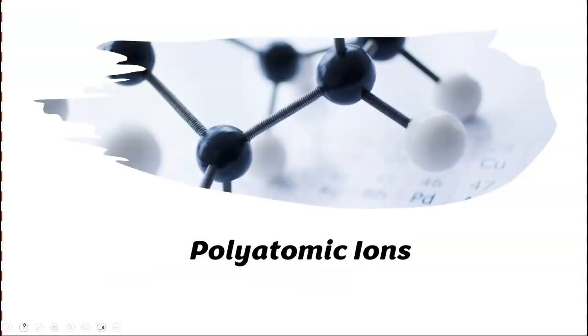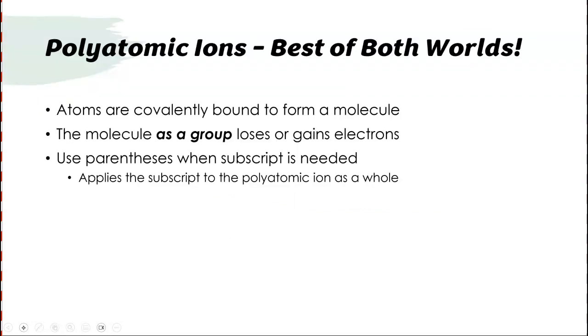Lastly, we want to talk briefly about polyatomic ions. These are atoms covalently bound, and they form this molecule, and then the molecule as a group loses or gains electrons. So we have to use parentheses when a subscript is needed because we have to apply the subscript to the whole ion. So you've seen this before in math.